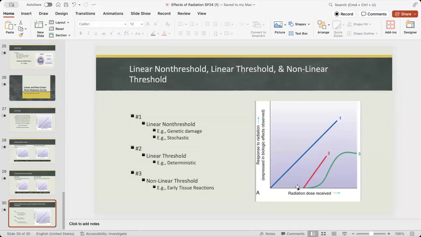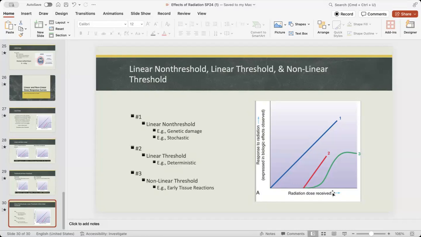So when we get in this area, we're saying possibility, don't know. But when we hit this area, it's telling us that more than likely there's going to be a response, but it's going to depend on the amount of dose we receive.